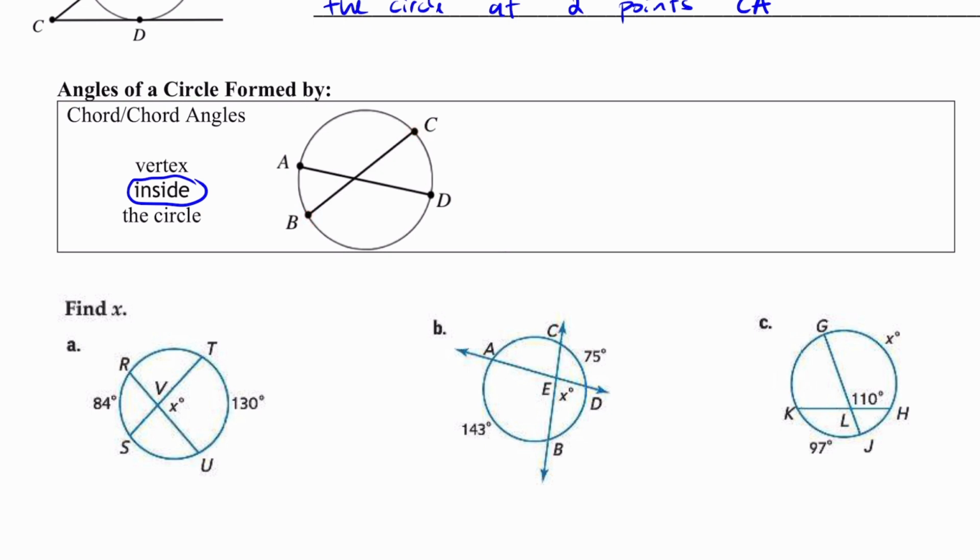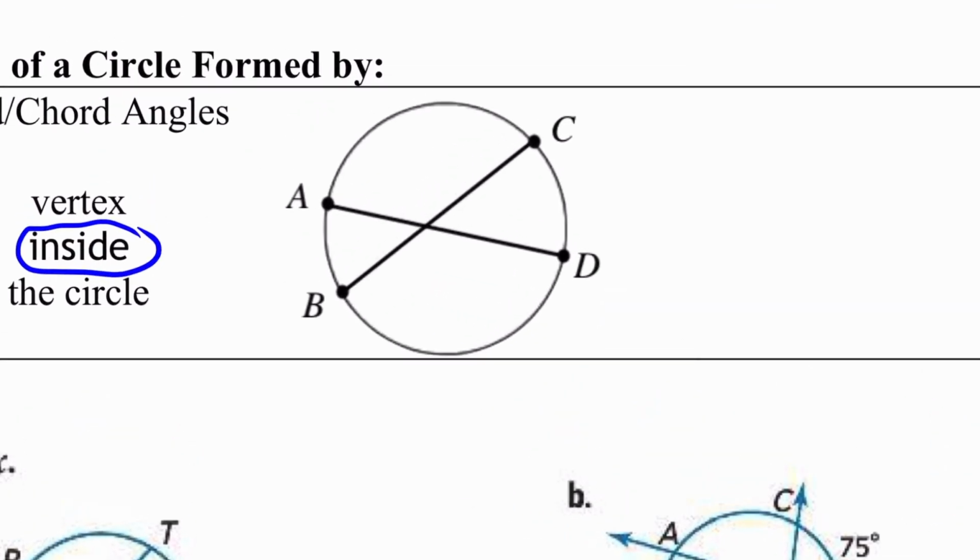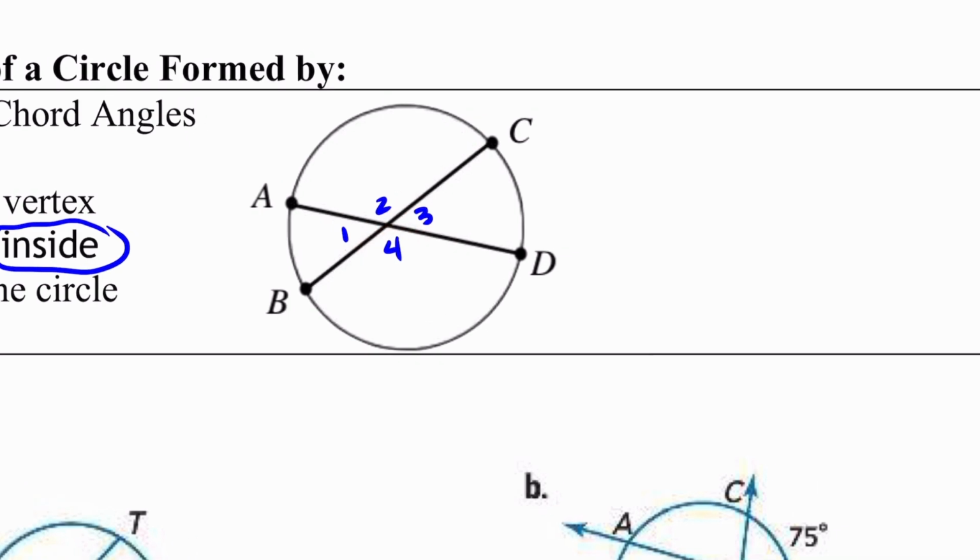Now, if we are going to find the measure of the angles, or perhaps the arcs, let me label these 1, 3, 2, and 4. So I have angle 1, angle 2, angle 3, and angle 4.